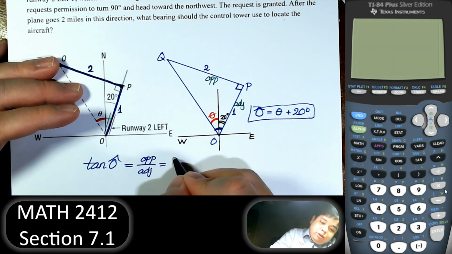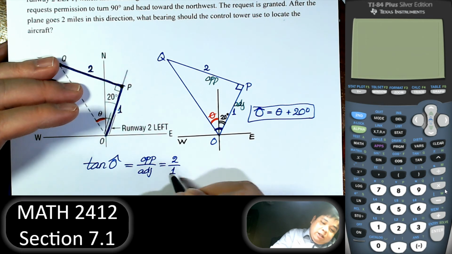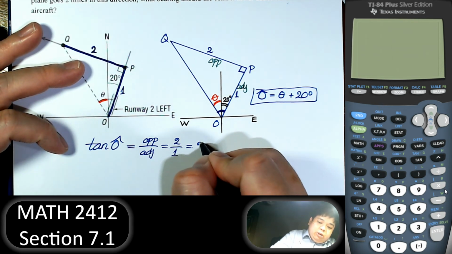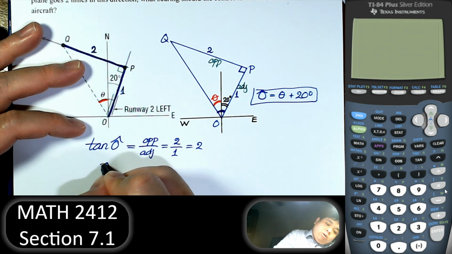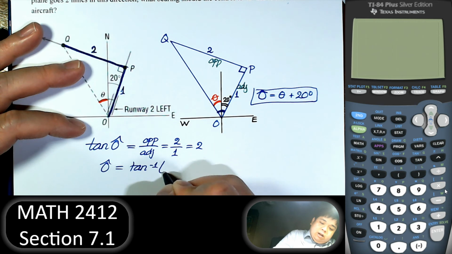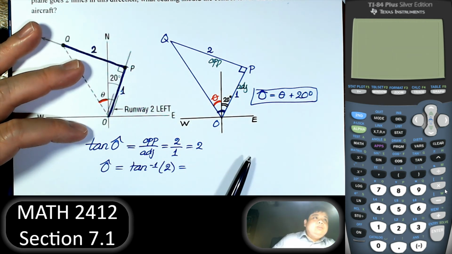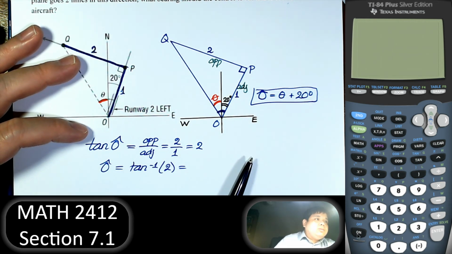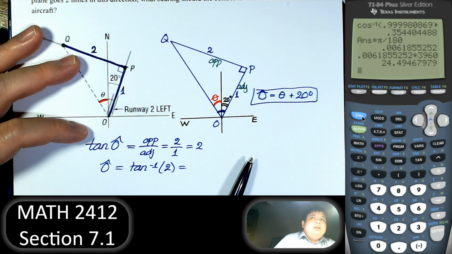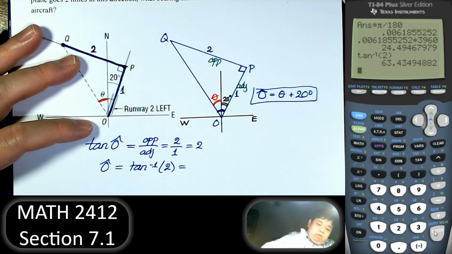Opposite is 2, adjacent is 1. So tangent of angle O is equal to 2. With that, angle O is equal to tangent inverse of 2, which is 63.43 something.